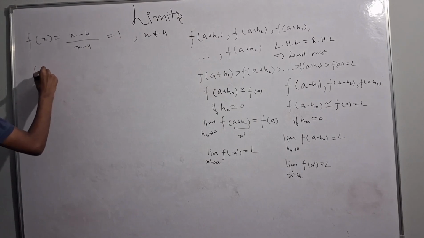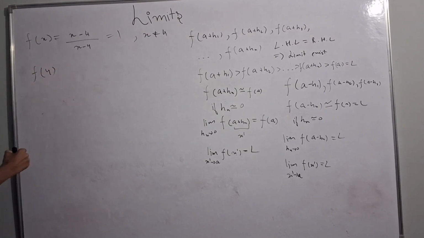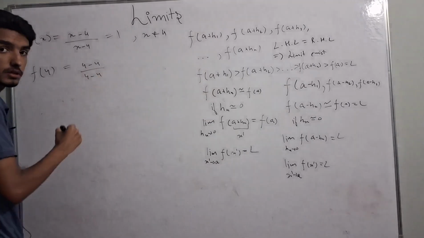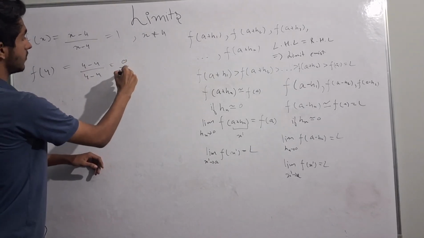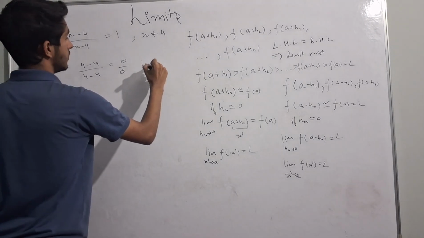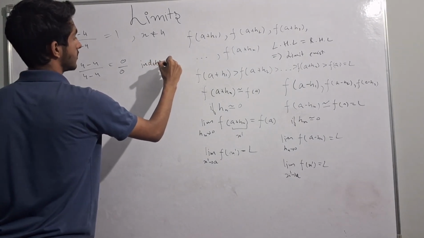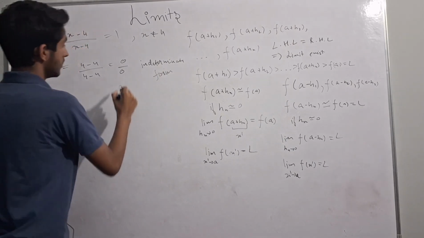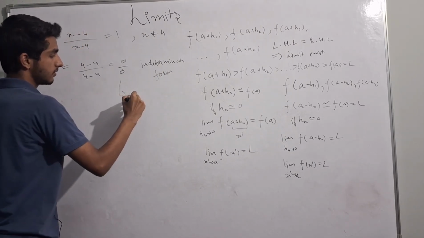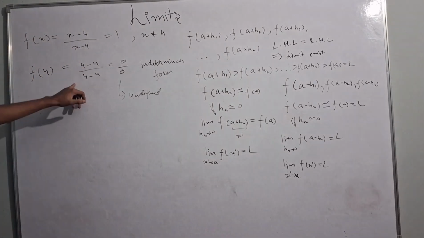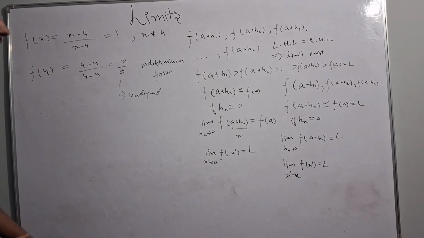Because let's say function of x at x is equal to 4, we get 4 minus 4 upon 4 minus 4, and then we get 0 by 0 form, which is indeterminate form, which is undefined.